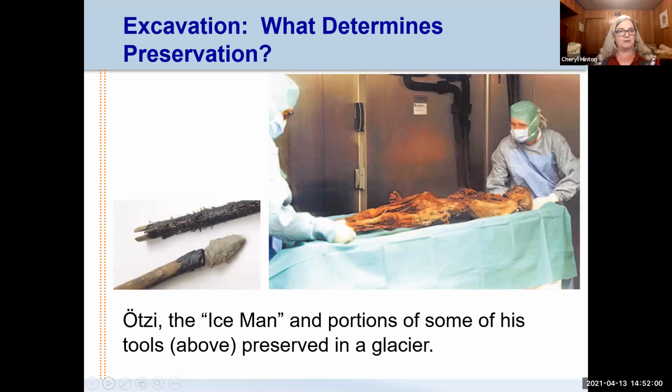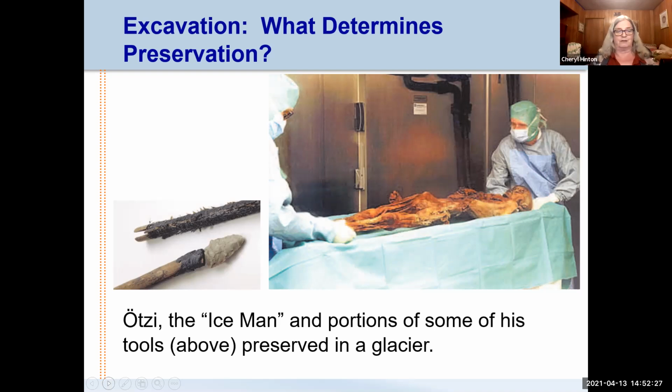And then this was very famous when it happened. This person, who we call Otzi today, the Iceman, it was in the Swiss Alps, and he essentially was freeze-dried. So you've got a lot of wetness, but it's very dry. And so this person was well preserved in that unfortunate grave.